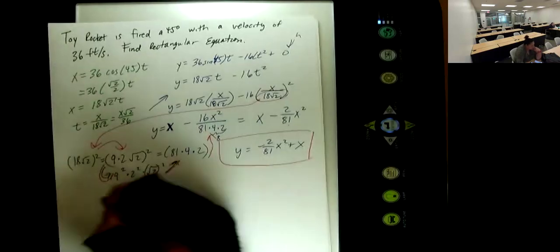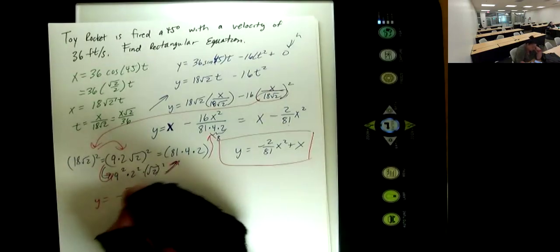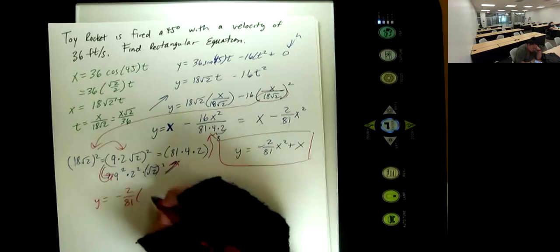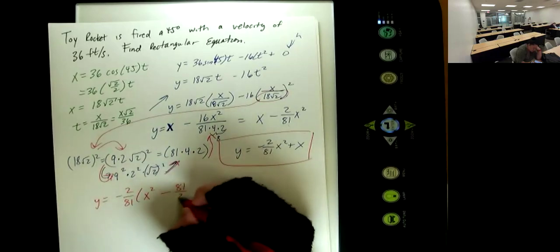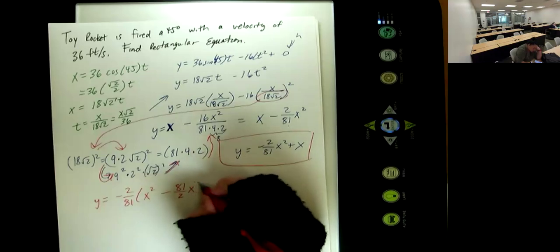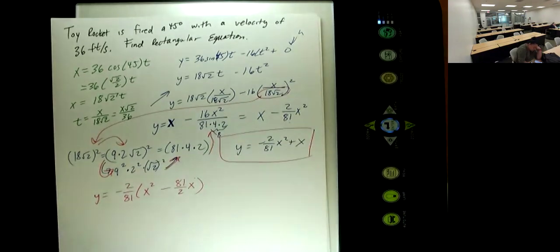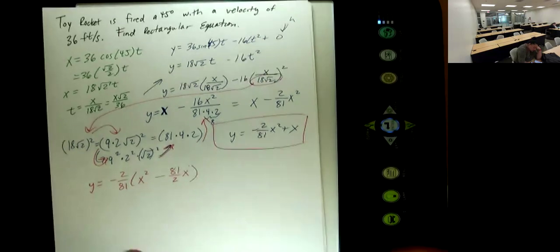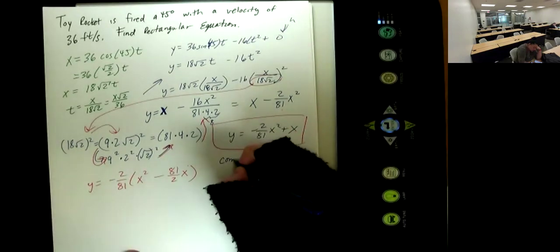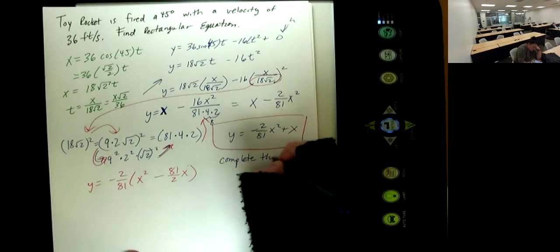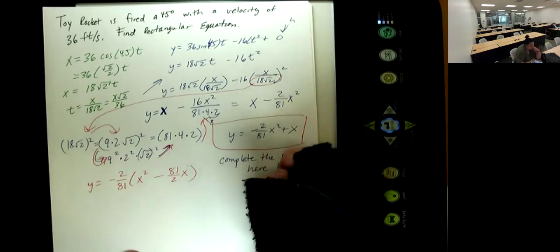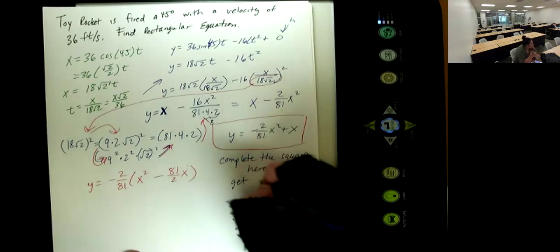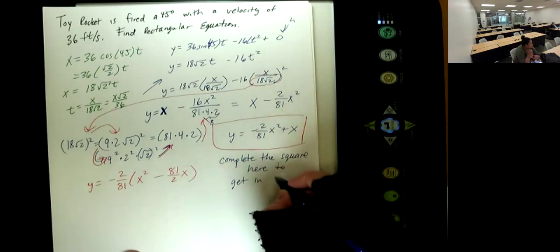Now you could, you factored out the negative 2/81. You could complete the square here to get it in the format of a parabola.